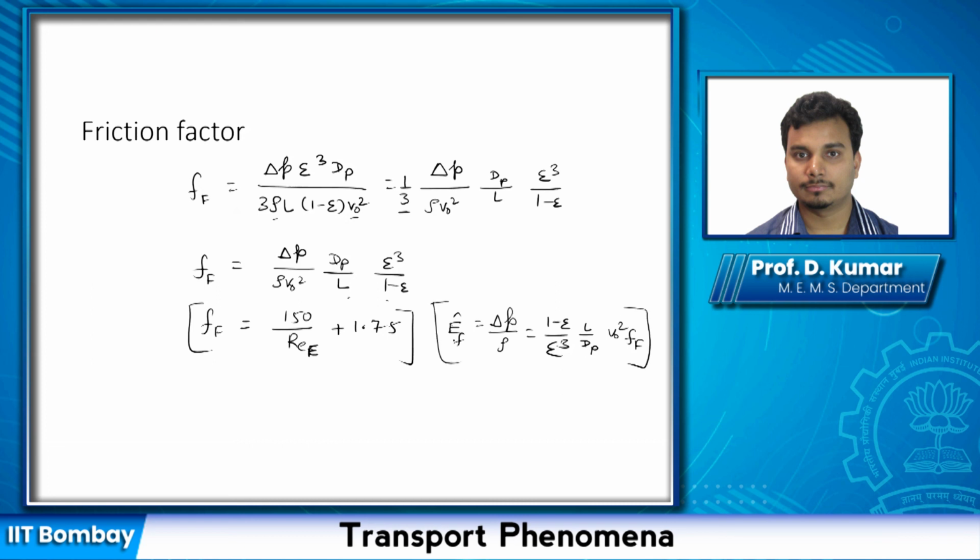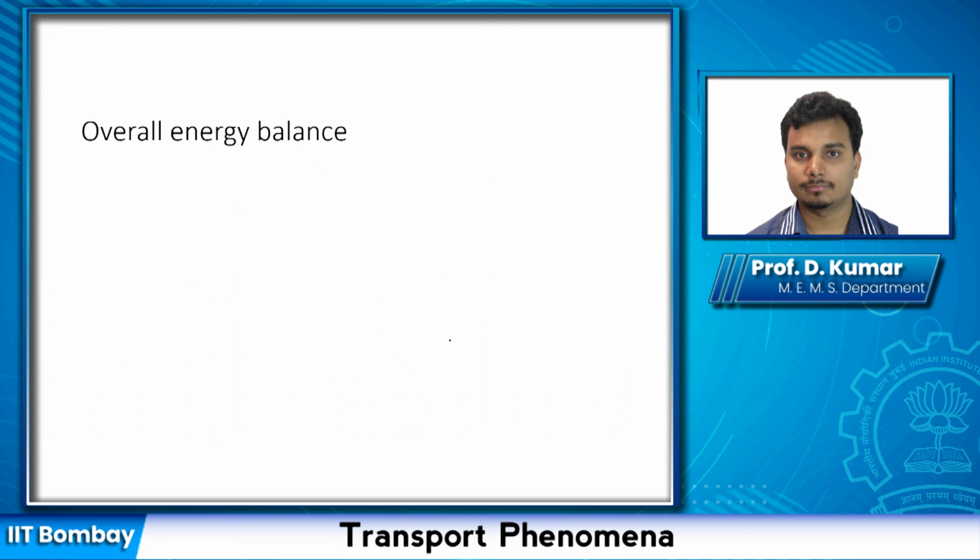If you look at your overall energy balance, that is delta P by rho plus G delta Z plus half (U2 squared minus U1 squared) plus EF, and WS equals 0. In this case, flow through a packed bed may not be an independent packed bed.